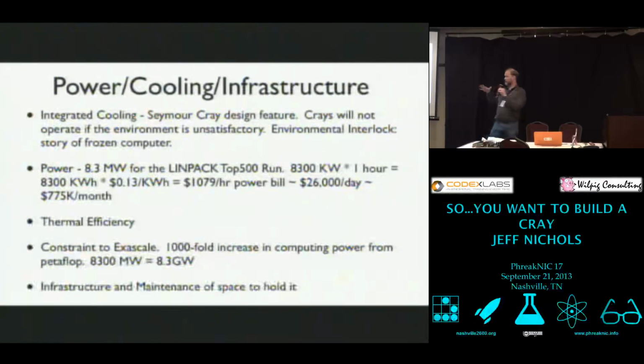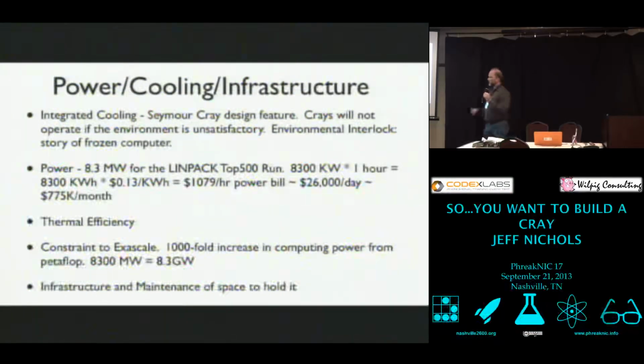I don't know how much they pay. Our industrial rate in East Tennessee is about 13 cents per kilowatt-hour. So that's almost $1,000 or $1,100 per hour for the power bill, multiplying it out, $26,000 a day, and $750,000 per month just for power for this.